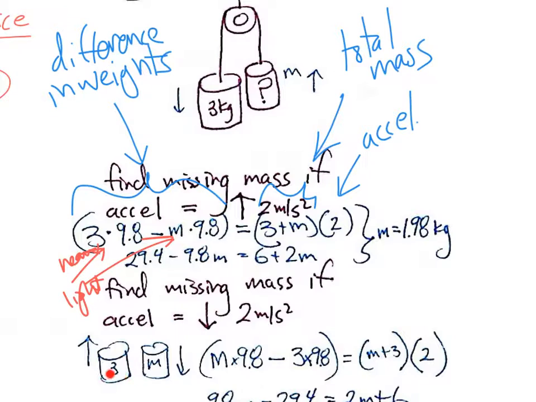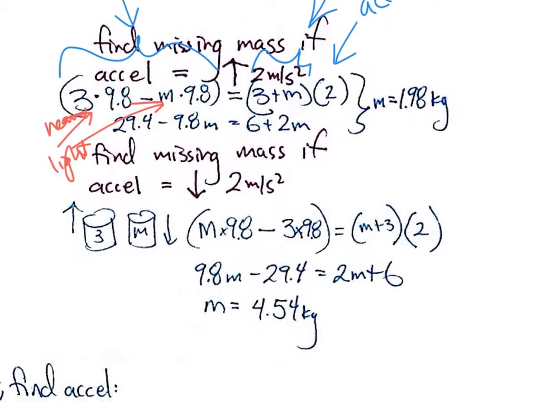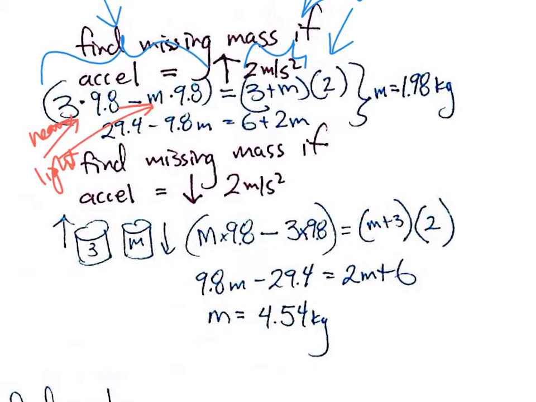So here's a little diagram indicating that. M is going to move downward, 3 is going to move upward, so this m that we get should be greater than 3 kilograms. And notice how, when I'm finding the difference in the weights, I'm doing the heavy one minus the light one. So heavy minus light, and again, when we're finding weight, you know this, but I'll just reiterate.